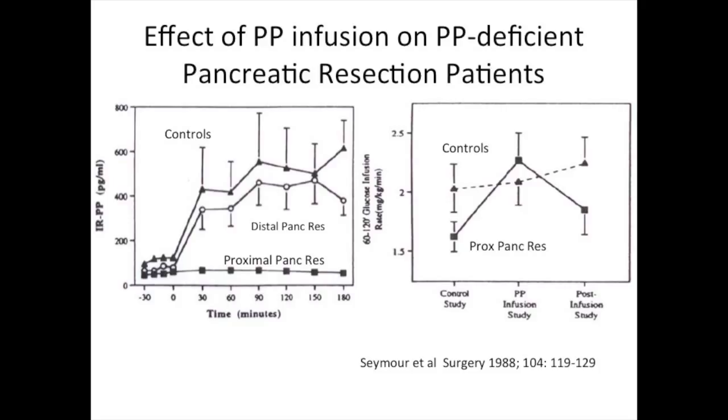When they were studied with the glucose clamp studies, it was found that the proximal pancreatic resection patients, or the PP deficient patients, had a lower level of insulin sensitivity, and this was restored to normal by an 8-hour infusion of intravenous pancreatic polypeptide. 1 month later, their levels of insulin sensitivity had fallen again.